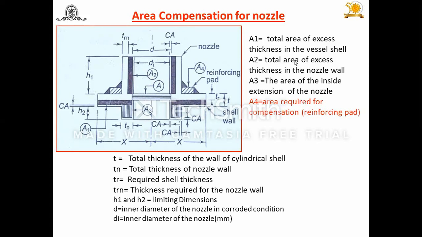So A2 is the total area of excess thickness in the nozzle. And what is A3? Look at this here. It is the projected part of the nozzle inside the vessel. That's why it is the area of the inside extension of the nozzle, because the nozzle gets extended here. This part. A1, A2, A3 are the areas for the vessel, the nozzle and the extended part of the nozzle.